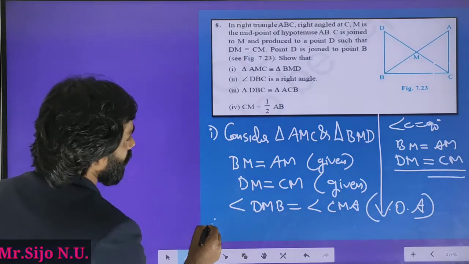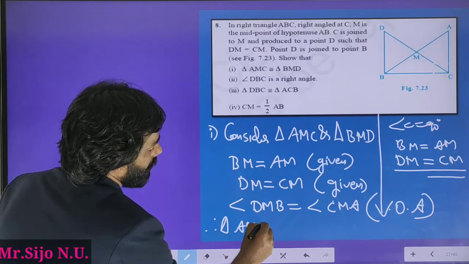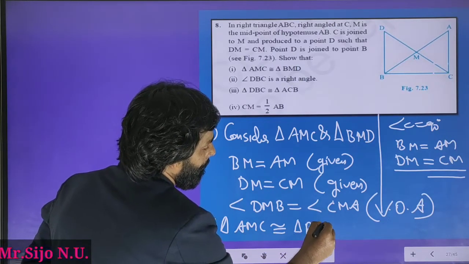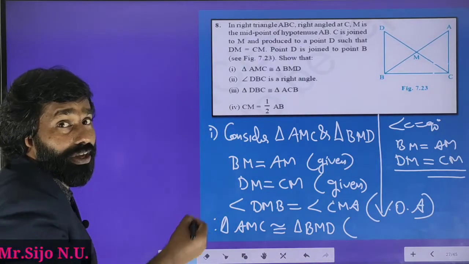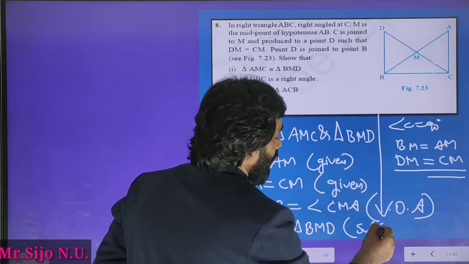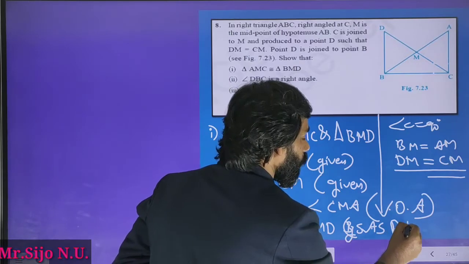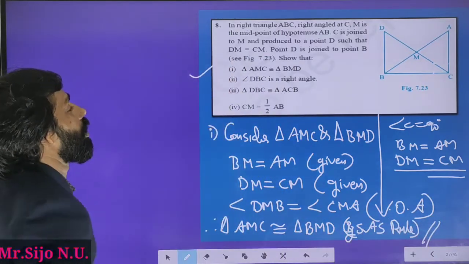So we can write triangle AMC is congruent to triangle BMD. Don't forget to mention by which rule we applied: by SAS congruence rule. SAS rule we proved. So the first section is over.